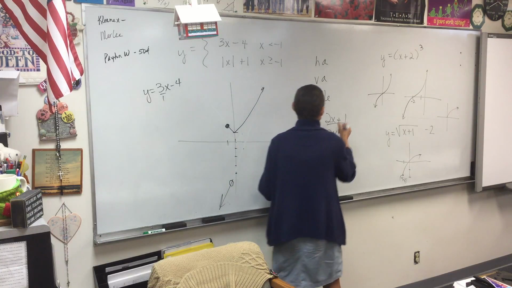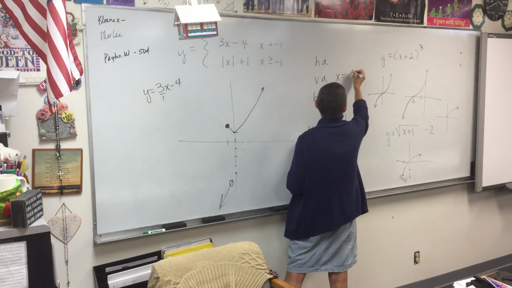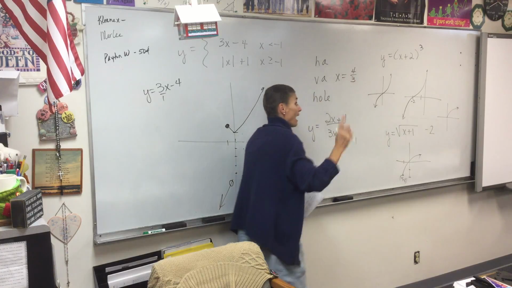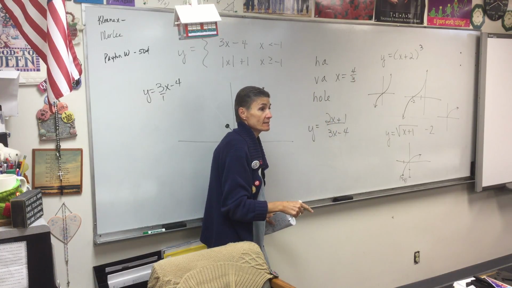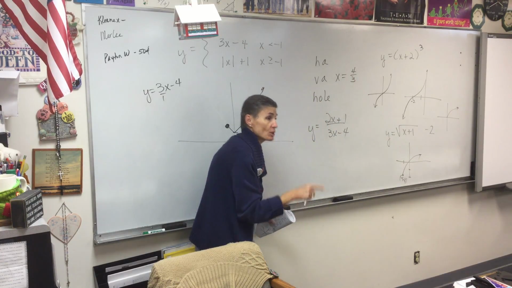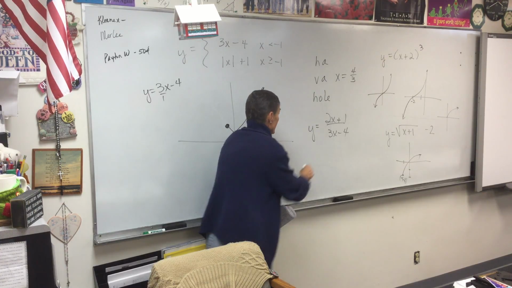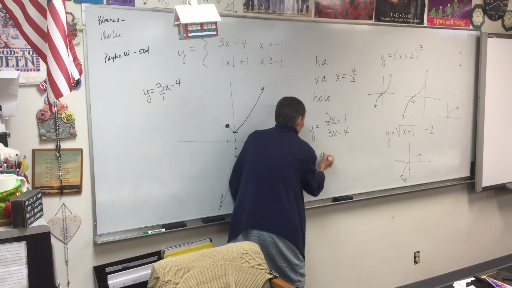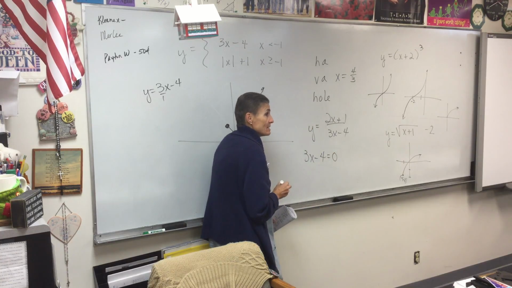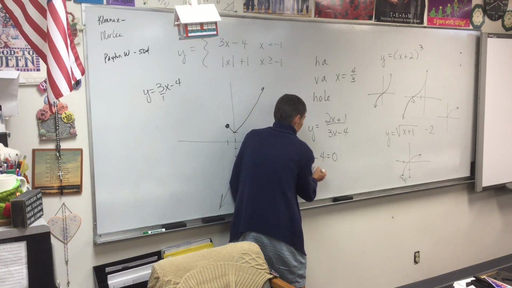Vertical asymptote is at x equals 4/3. How did Gabby know that? Vertical asymptotes are what makes the denominator 0. So 3x minus 4, what would make it 0? Do you see how she got 4/3?